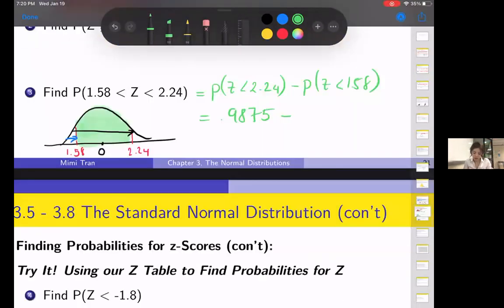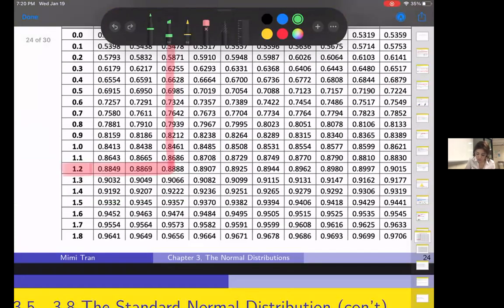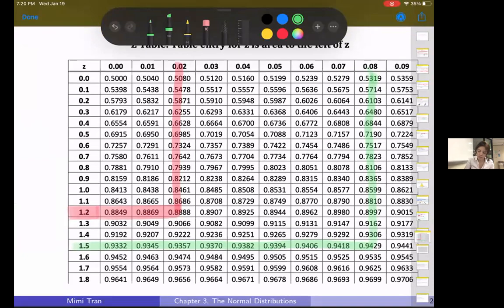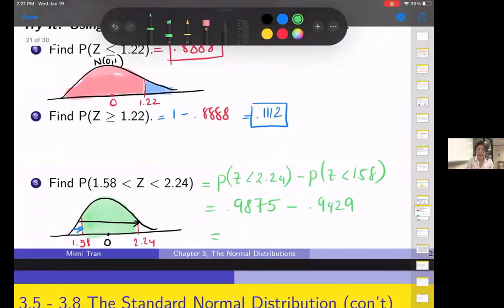Subtract 1.58, all the way down there: 0.9429. I hope no one has a negative probability. You cannot have a negative area, right? So 0.9875 minus 0.9429 is 0.0446, roughly 4%.